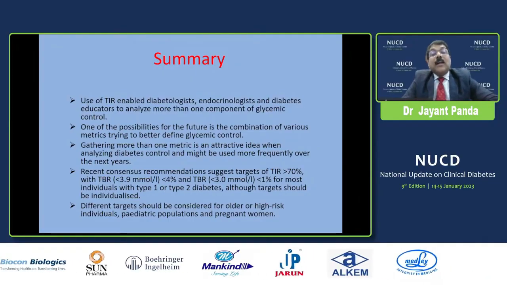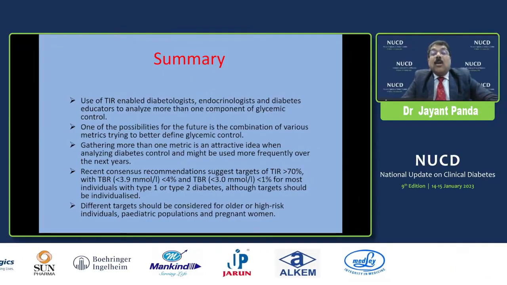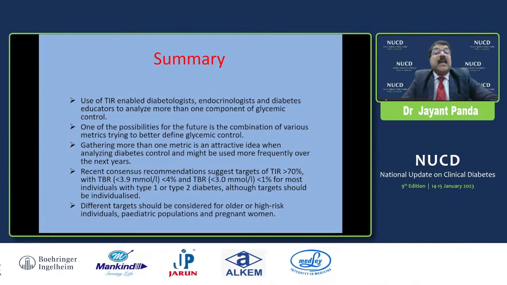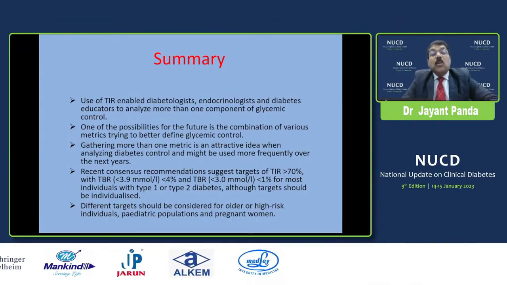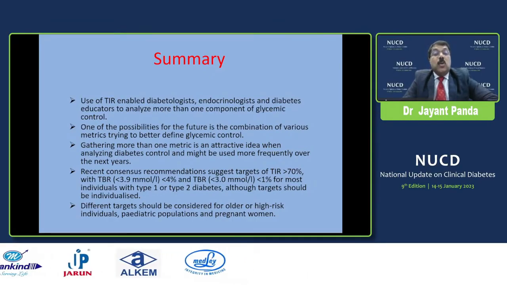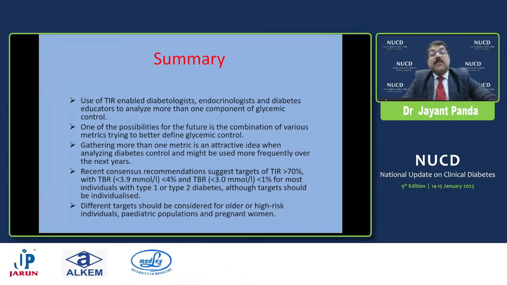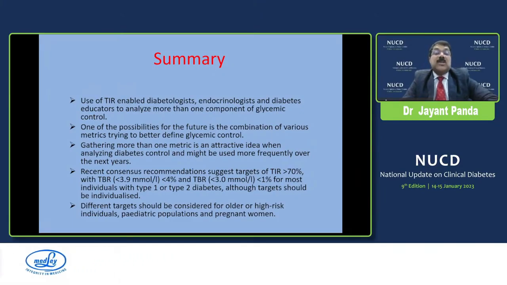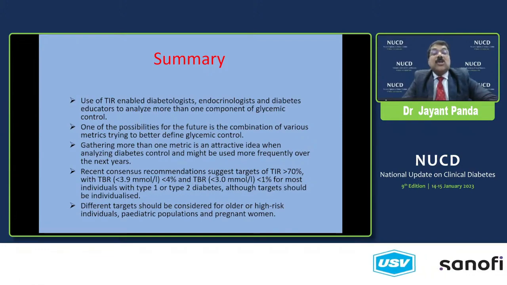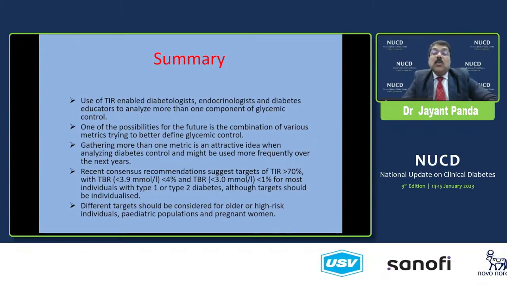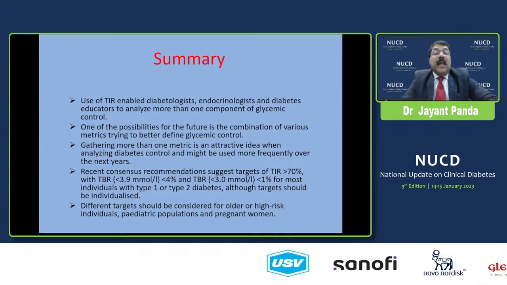The use of time in range enables diabetologists, endocrinologists, and diabetes educators to analyze more than one component of glycemic control. One of the possibilities for the future is the combination of various metrics to better define glycemic control. Gathering more than one metric is an attractive idea when analyzing diabetes control and might be used more frequently over the next years.